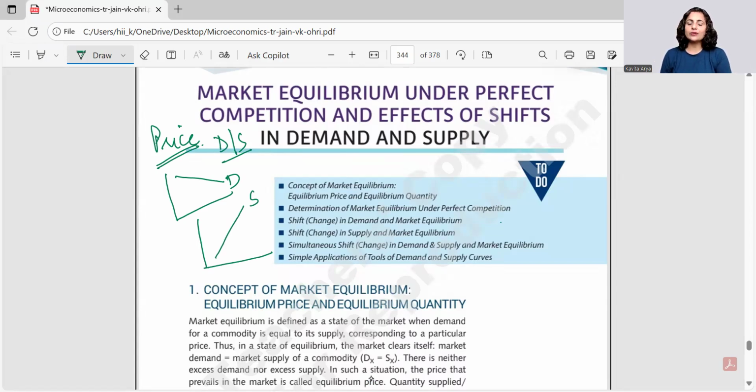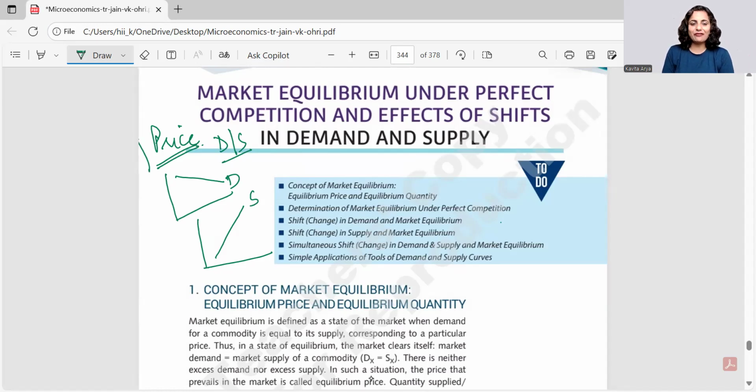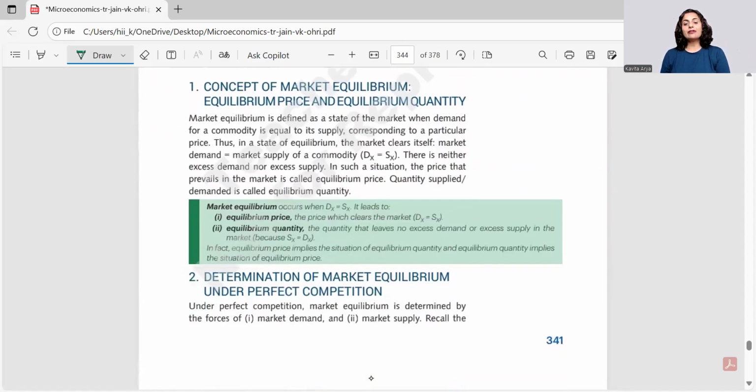After getting these two curves, their interaction will give us the market equilibrium, and the price and quantity to be traded in the market. So this is the whole output of this study. That's why we call microeconomics the price theory as well, because this is the end effect of microeconomics.